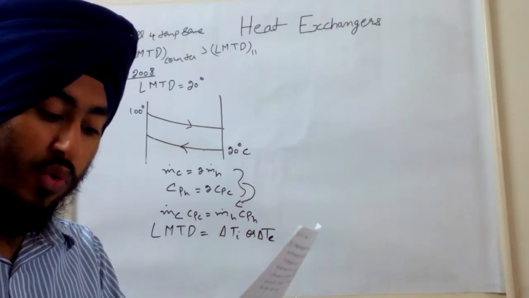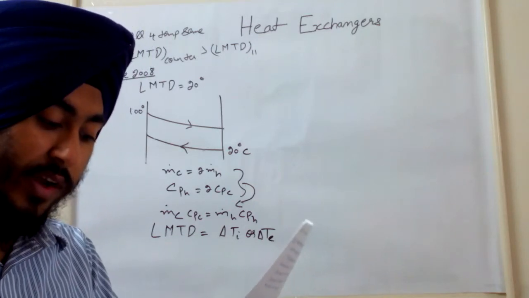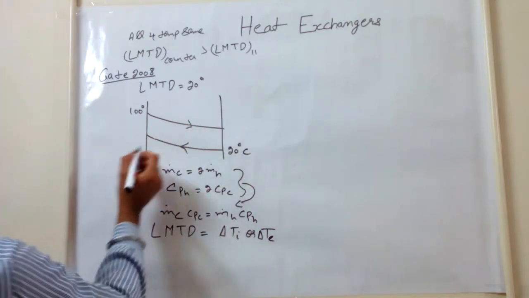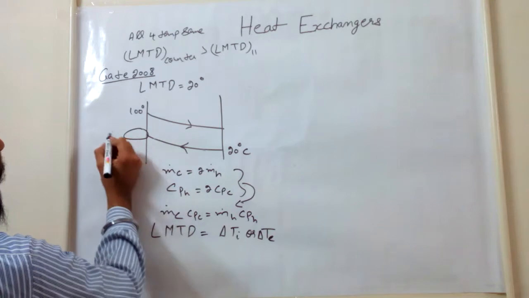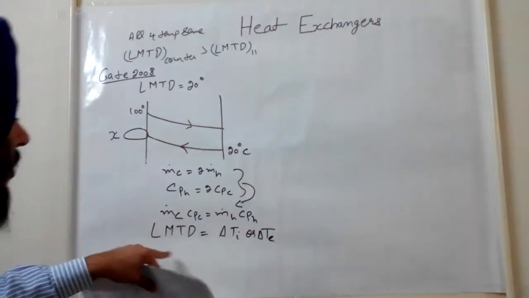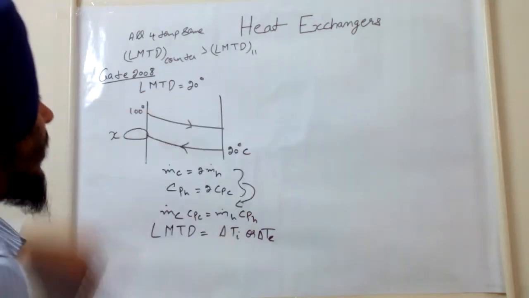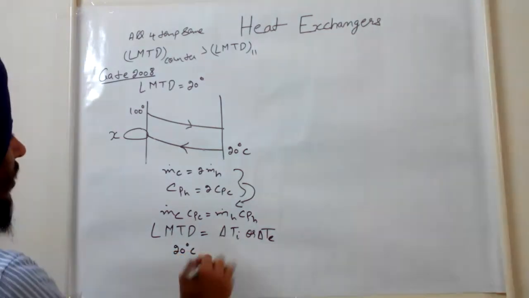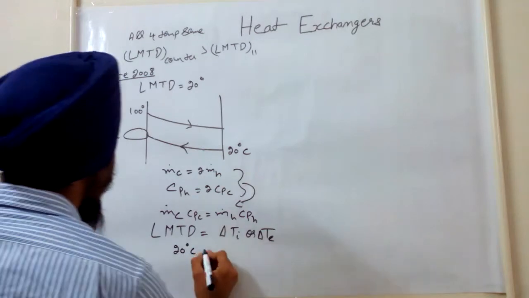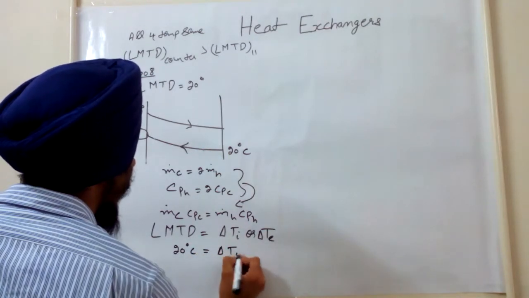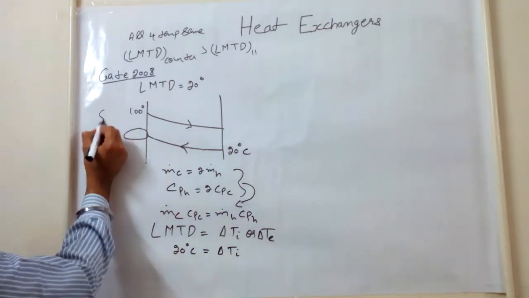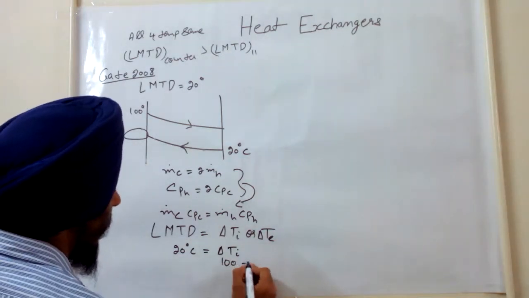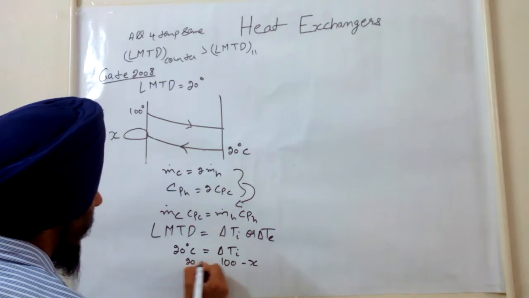The exit temperature of the cold fluid is 40 degree, 60 degree, 80 degree, or cannot be determined. You have to find this. Let it be X. LMTD we are given, it is 20 degrees Celsius. Let us take delta Ti. Delta Ti's difference is 100 minus X, equal to 20.